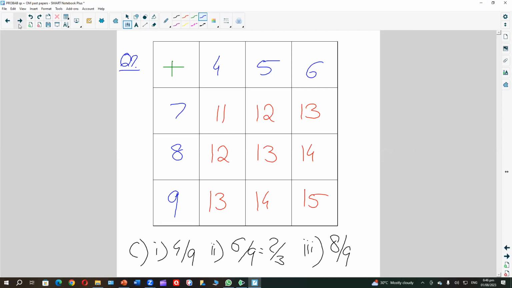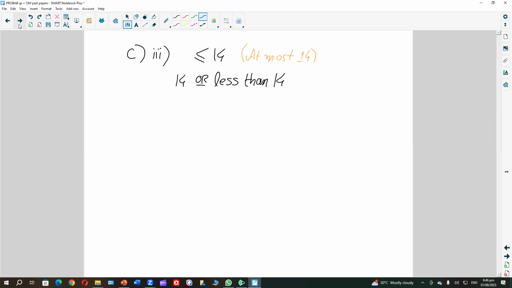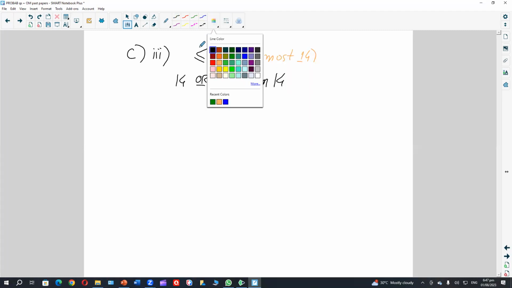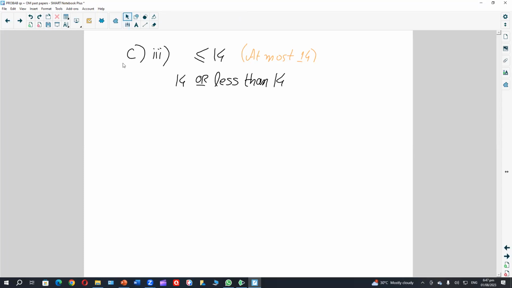So I'm getting 8 over 9. It would be better if you copy this C part 3 here. The meaning of the word at most 14.